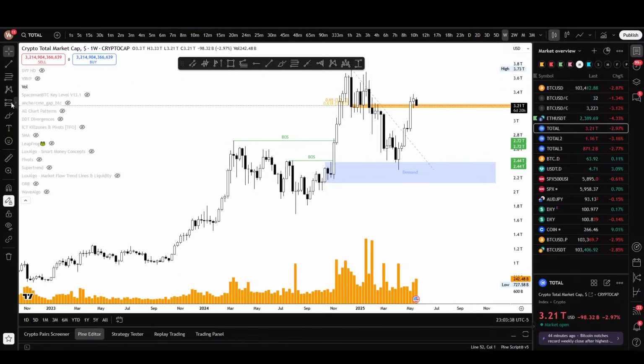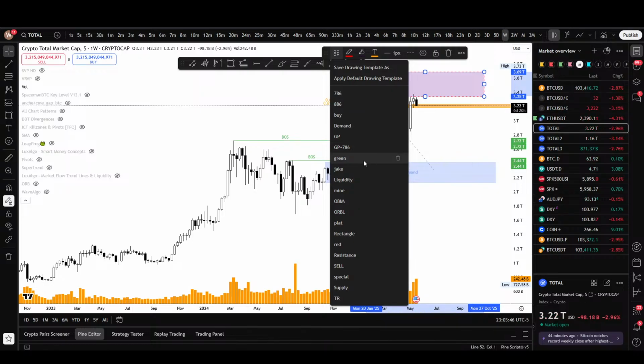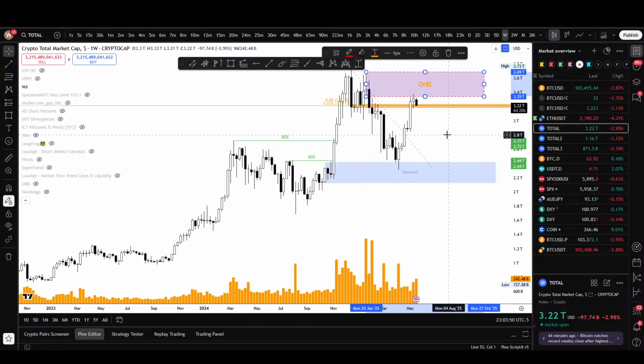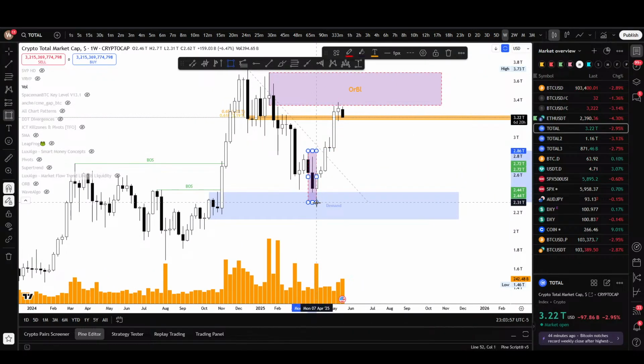And it looks like, funnily enough, if we're looking at total here, we're rejecting right from our weekly order block on total 3 here.